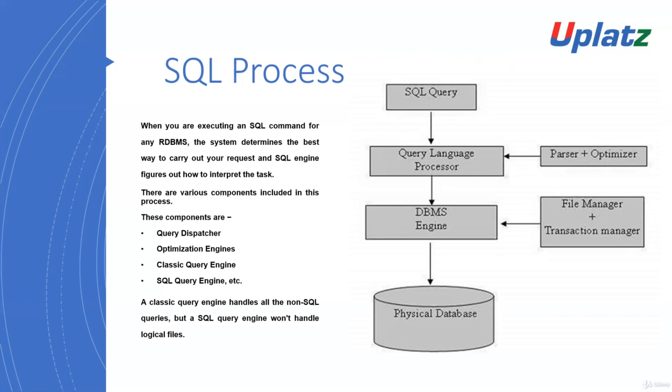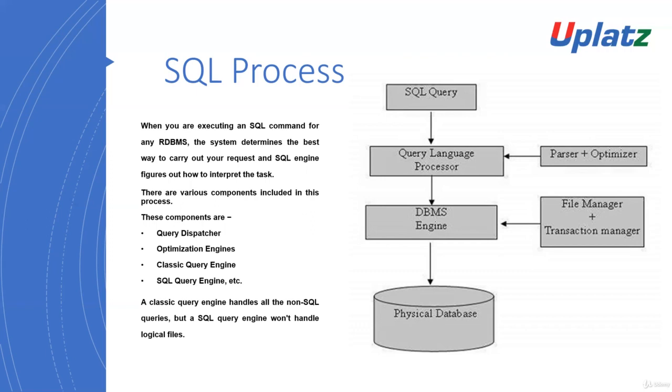It is as good as if I am giving one command in my language, and there is some engine in between which is translating this command into another language which is understandable by the other end of the system.